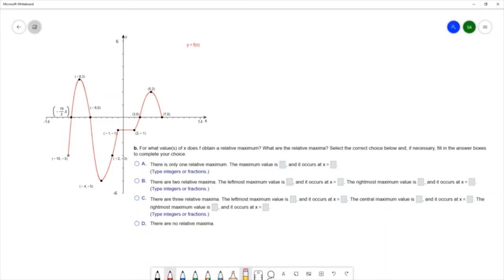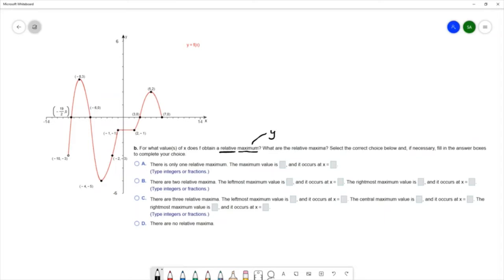So for finding a relative maximum, this word maximum is describing y. So we're looking for a highest y value. We modify that a little bit with the word relative. That means that we want to zoom in on a particular area, and find the highest y value in that area.